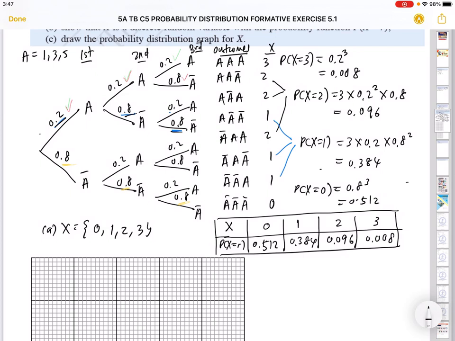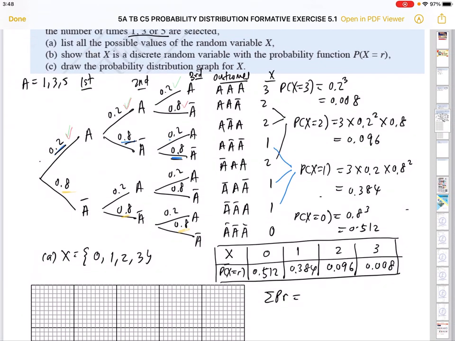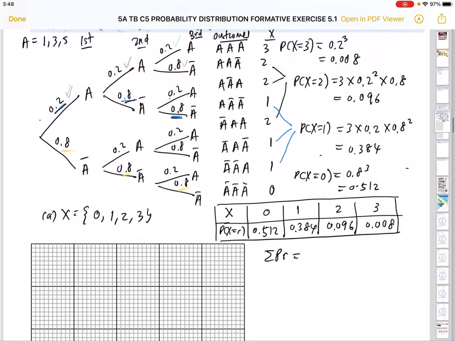So to show that this is a discrete random variable, we write the probability function in this form, P(X equals r). That means the total is 0.512 plus 0.384 plus 0.096 and 0.008. Use your calculator. The sum is 1.